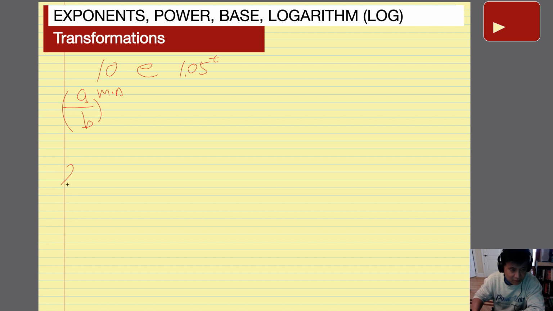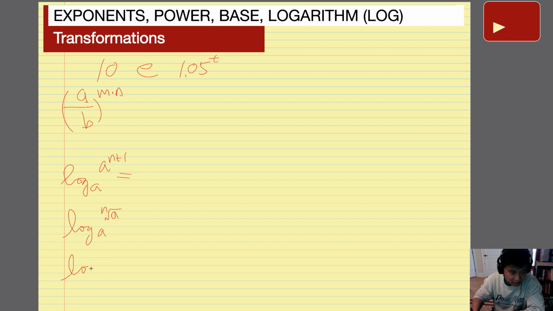The second one we're going to look at is log base a of a to the m plus 1 power. The next one is log base a of a to the root of n.